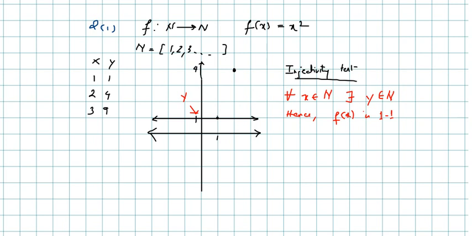Now, is it surjective? To check the surjectivity, first check whether the curve is continuous or not. The curve you see is not continuous. If the set was real, then the curve would have been like this, as I told you in the beginning.